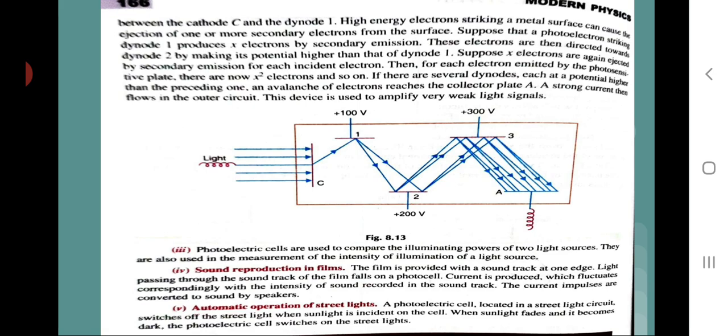If there are several dynodes, each at a potential higher than the preceding one, an avalanche of electrons reaches the collector plate A. A strong current then flows in the outer circuit. This device is used to amplify very weak light signals.